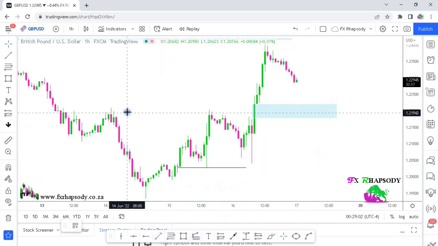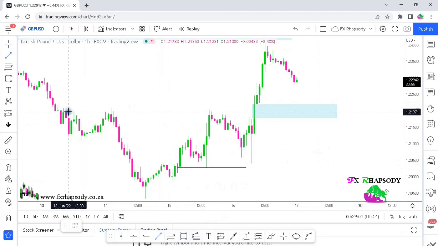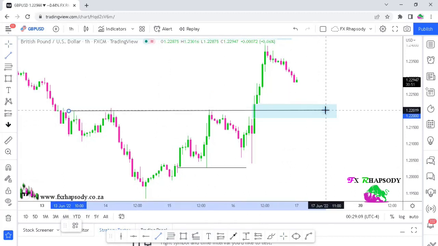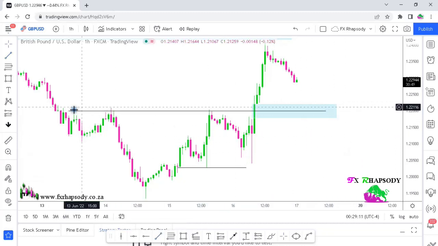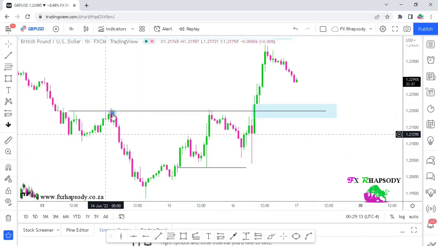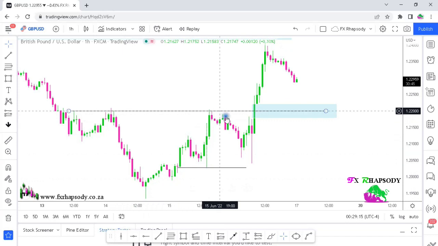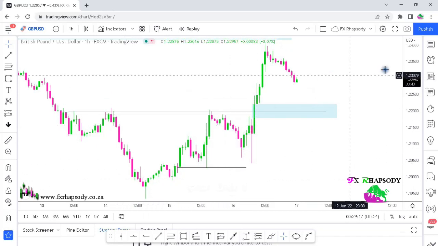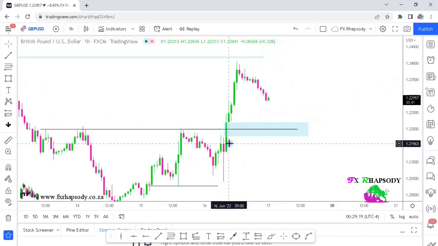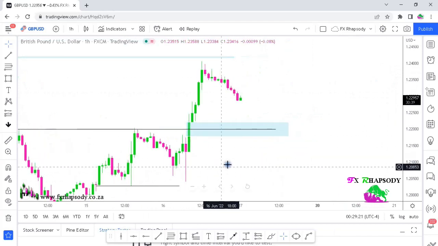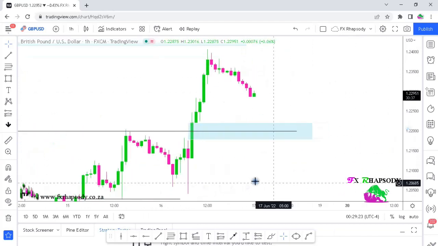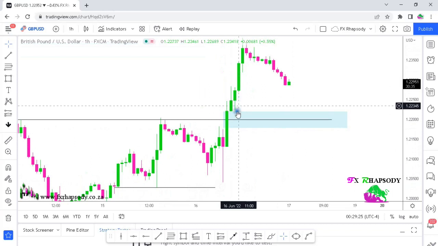Let's just mark this out for you, right around there. A previous structure in the market, price retesting, going up, retesting again, going down, breaking that area, and with that break of structure, a big bullish candle push, creating that fair value gap.